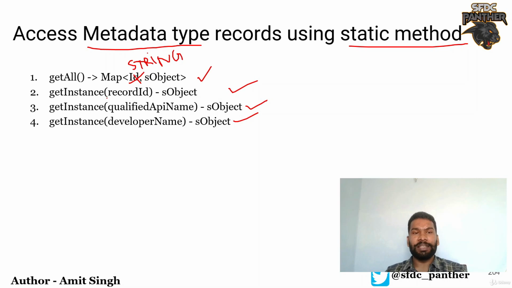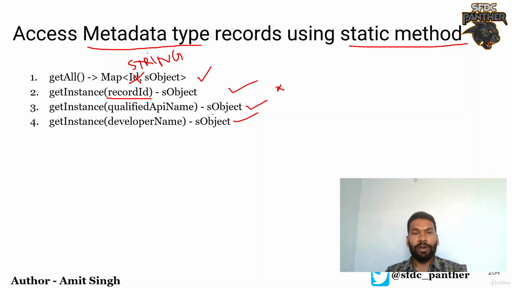One is you can send the record id, which is not a recommended way to get the custom metadata, because somehow we might need to know the record id. But we can pass the record id and it is going to return the sObject, and the sObject will be your custom metadata. We can also send the qualified API name or the developer API name to again get the sObject, which will be your custom metadata type.